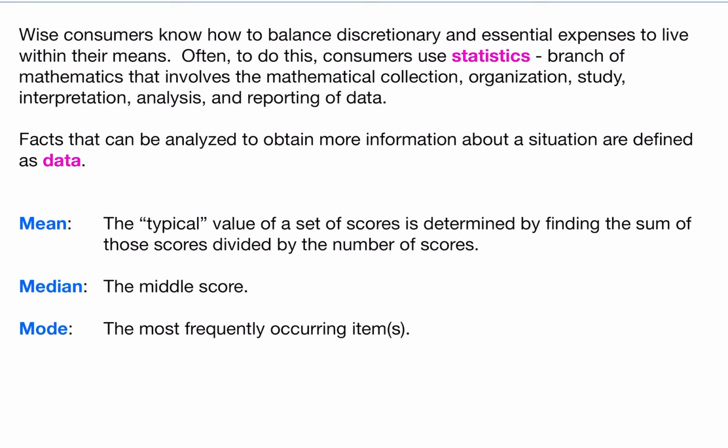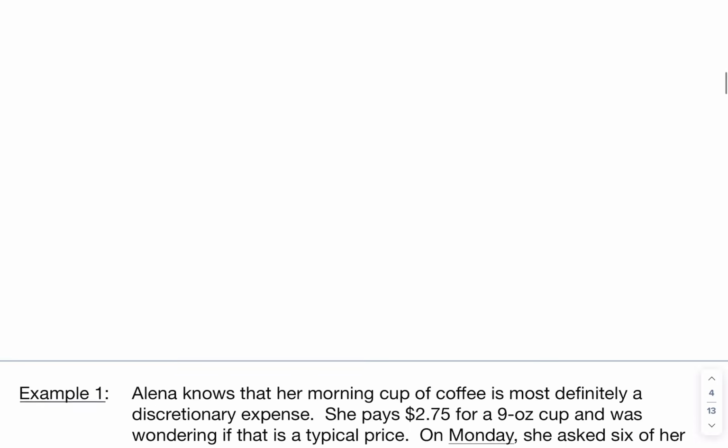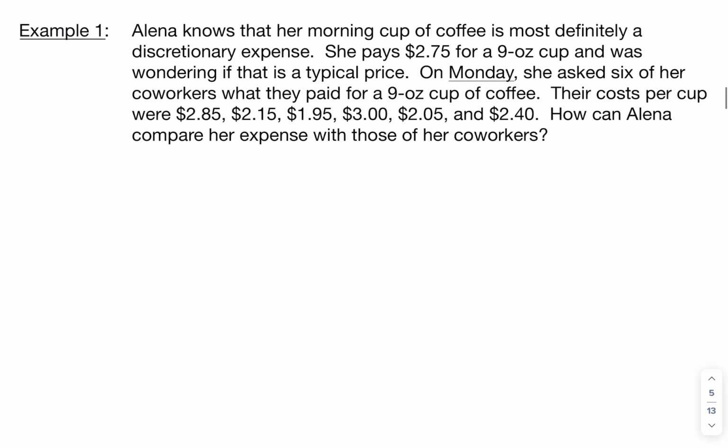Okay, the median is a little different in that we are looking at the middle score of a set of scores. Okay, it's the middle term. And then the mode is the score or the data that occurs most frequently. So we're going to look at a couple examples to help flesh out what a mean is versus a median versus a mode. Okay, so let's go ahead and move on to example 1.